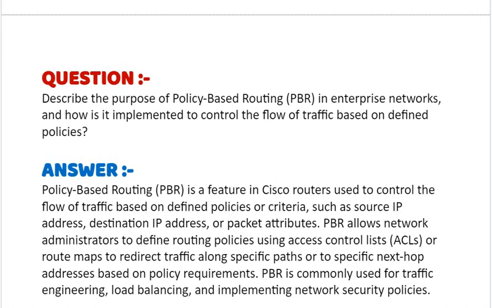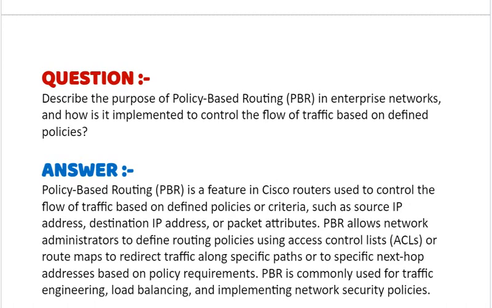Policy-based routing (PBR) is a feature in Cisco routers used to control the flow of traffic based on defined policies or criteria, such as source IP address, destination IP address, or packet attributes.